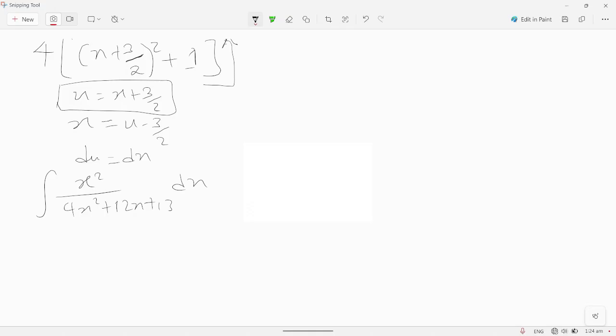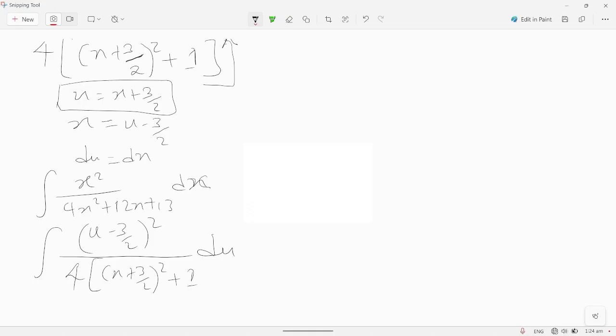For the x, we say u minus 3 over 2 squared. In the denominator, you have 4 times x plus 3 over 2 squared plus 1. Then there was dx, and when differentiated, we found out that dx is equal to du. So we can just put du here.